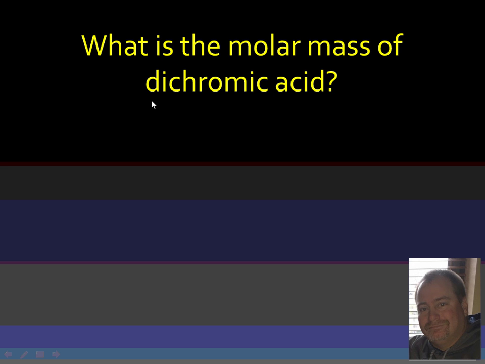Now, I am dealing with dichromic acid. So if I'm dealing with an acid, I immediately go back to the 3 rules for acids, right? Rule number 1, rule number 2, rule number 3. Which of the 3 acid rules am I dealing with here? Rule number 3.